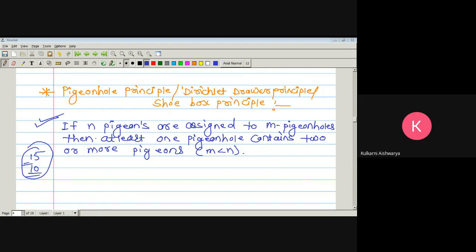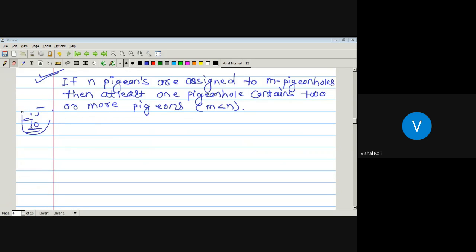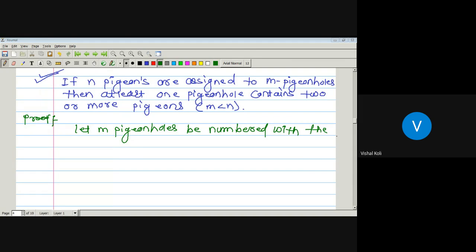Yes, sir. Let us see the proof. Let m pigeonholes be numbered with the numbers 1 through m.